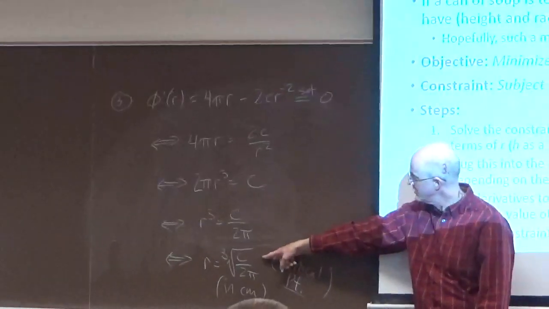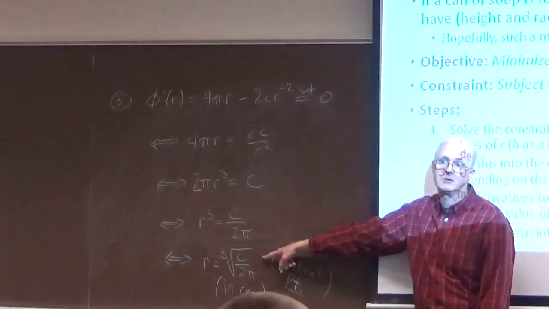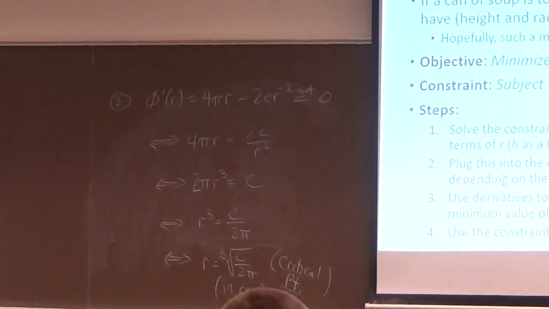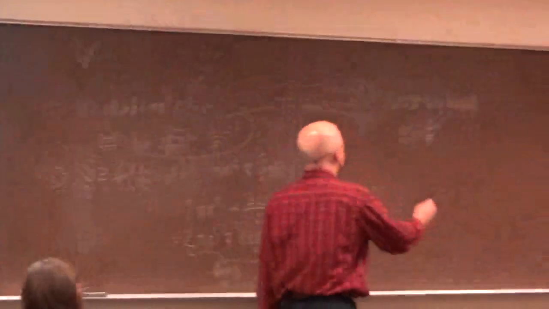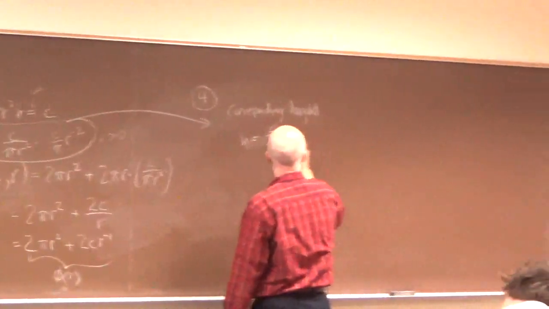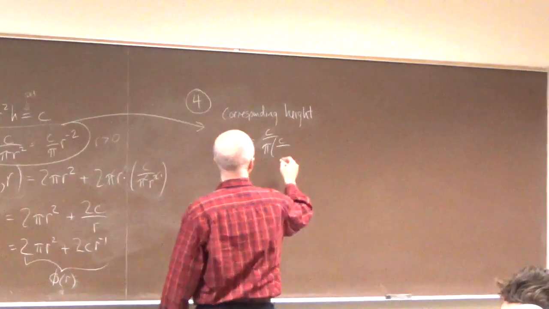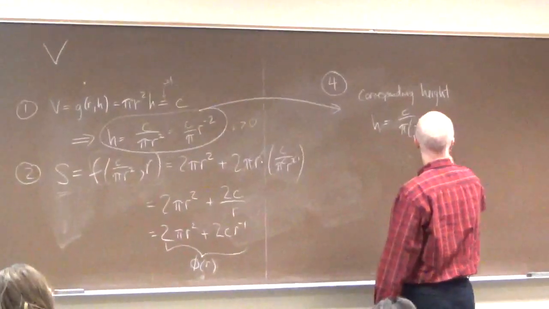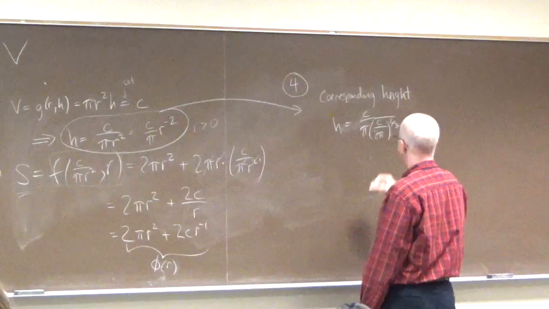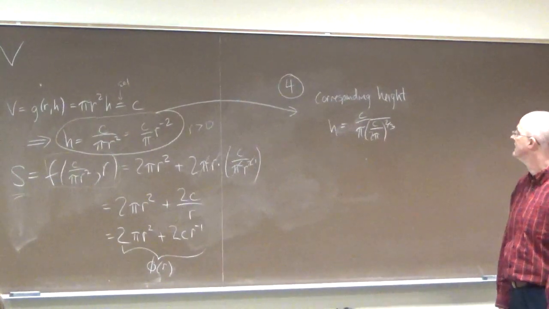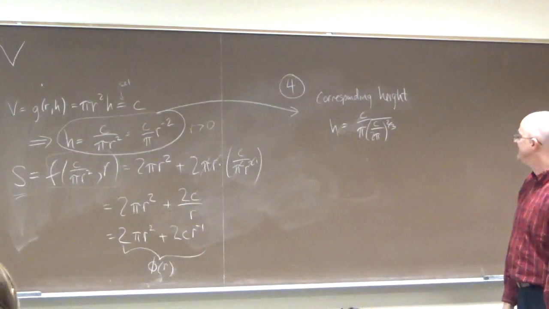It's the same as c over 2 pi to the 1/3 power. I'm going to square it, so I'm going to get the 2/3 power: c over 2 pi to the 2/3 power, because I'm squaring the 1/3 power. And this can indeed be simplified a bit.